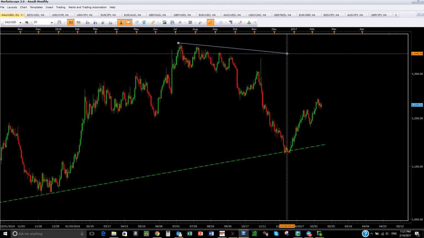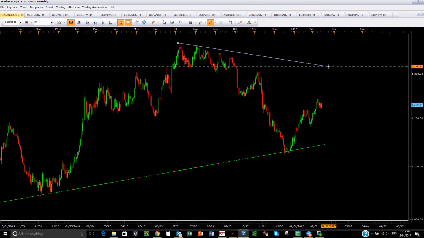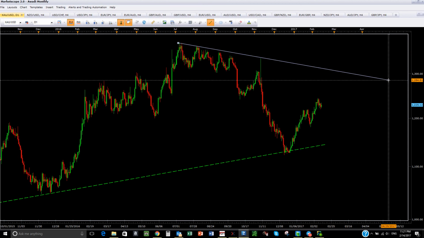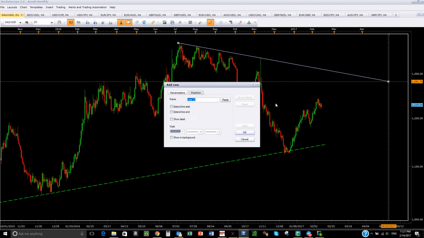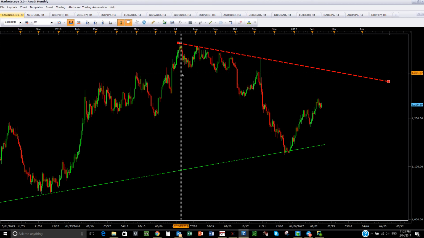So if I connect those 4 or 5 peaks on the top, again I believe it's a strong resistance. And I will show you why I use the dash line later on.